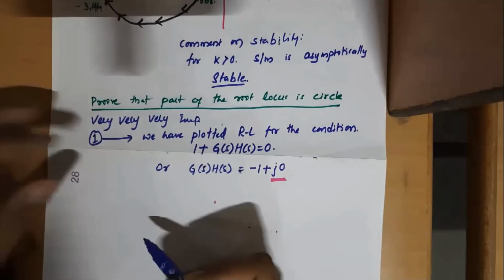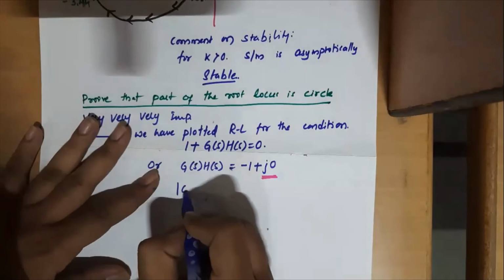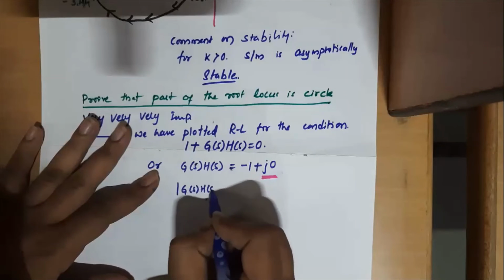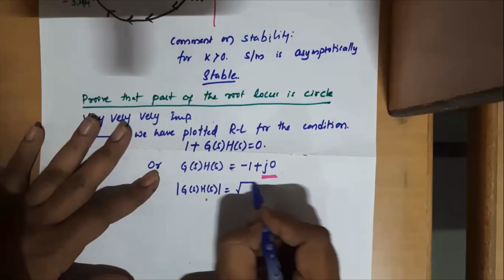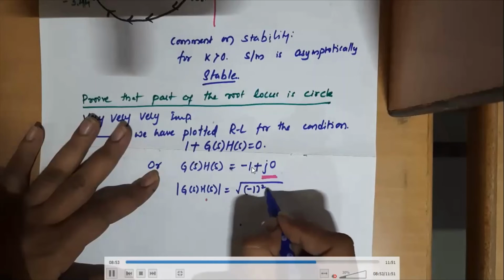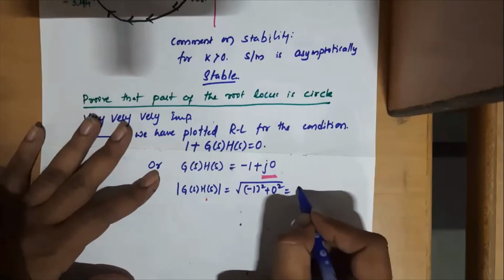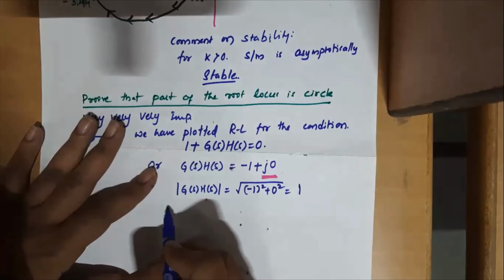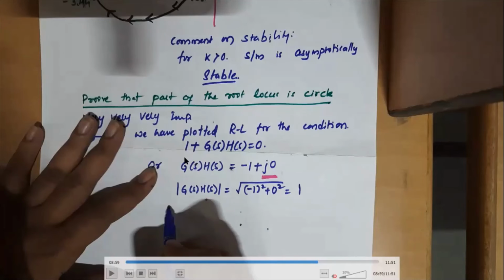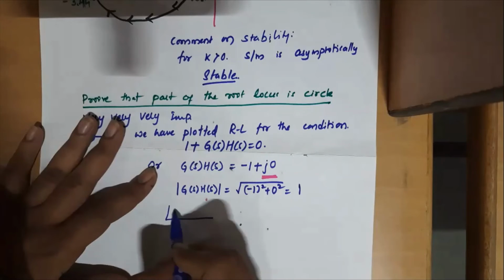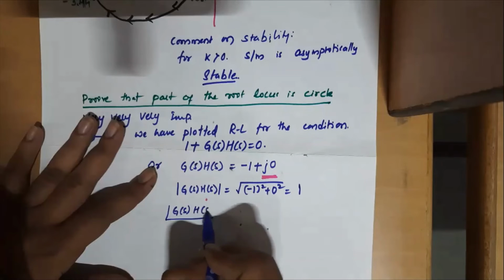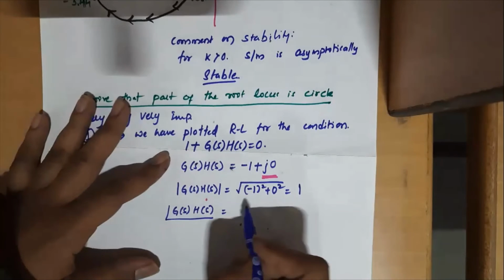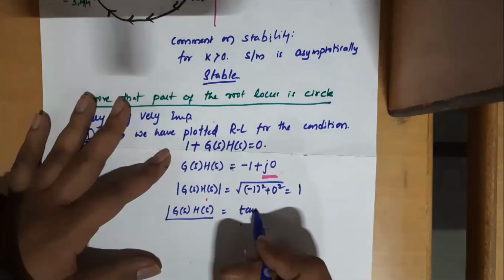So next thing is I will write magnitude and phase angle for this minus 1 plus j0. So what is magnitude of this? It is minus 1 square plus 0 square equal to 1. So magnitude of this expression will be equal to 1. And what will be phase angle? It is g of s into h of s equal to tan inverse of, the real part is minus 1 now.